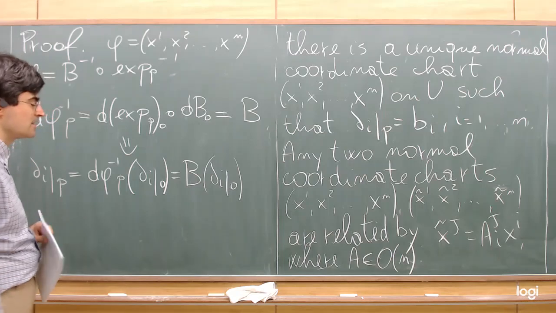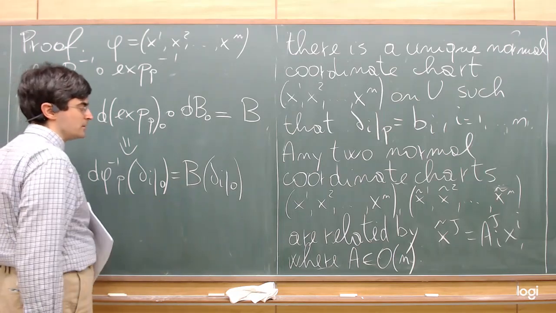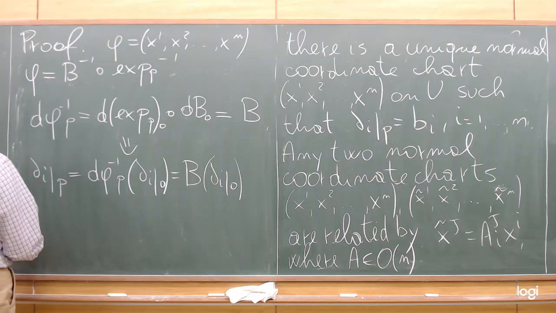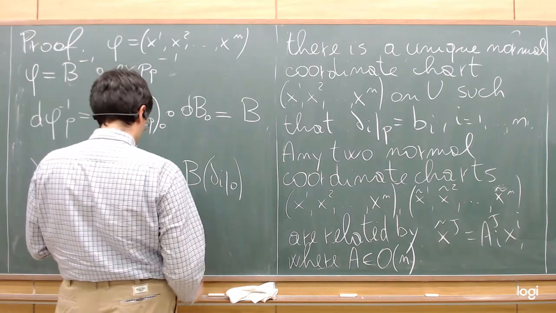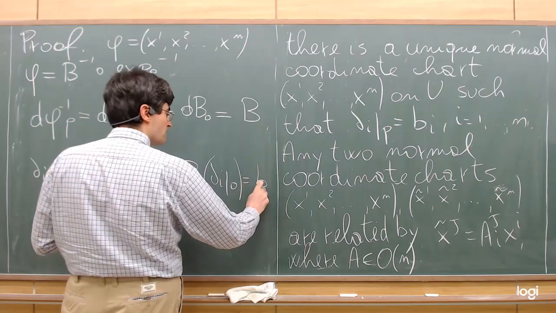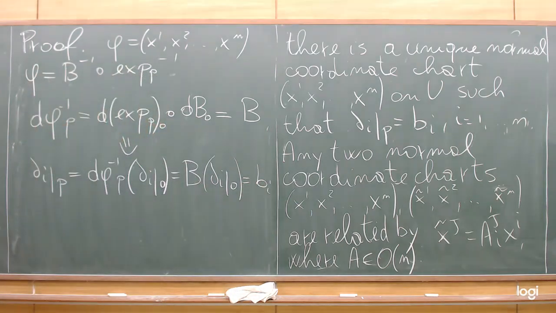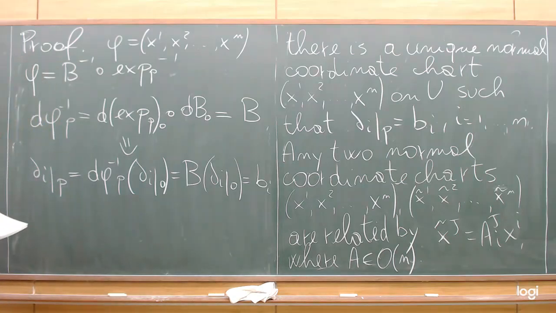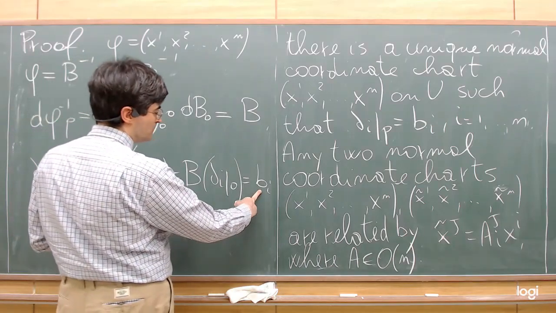But B is an isomorphism which sends ∂i to Bi. And this identity here proves that the basis formed by ∂i is orthonormal because the Bi are orthonormal by hypothesis.